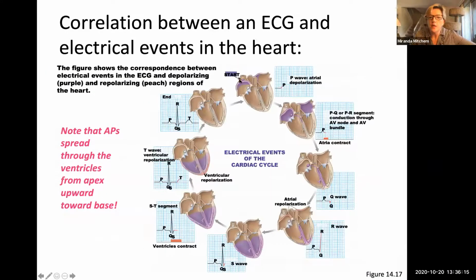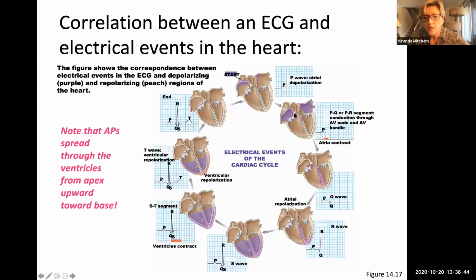Okay, so we begin with the SA node firing. Now we get our depolarization of the atria, leading to our increase in the P wave. Next, the atria are going to contract. So we're in this little peach segment now. We've completed our P wave. We've gone through the PR segment. That means that the electrical conduction has made it through the AV bundle.